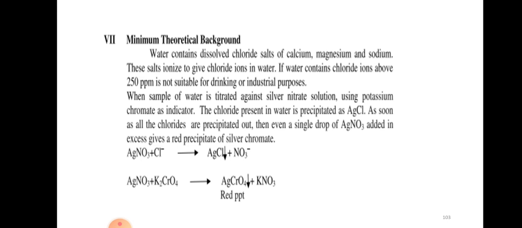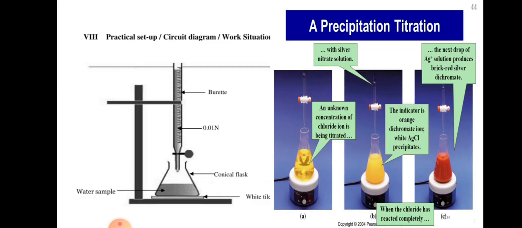AgNO3 has a tendency to react with Cl minus, and it will form an AgCl precipitate. So AgNO3 reacts with the water till all AgCl precipitate is formed, and after that if we add even one drop of AgNO3, it is going to change the color.